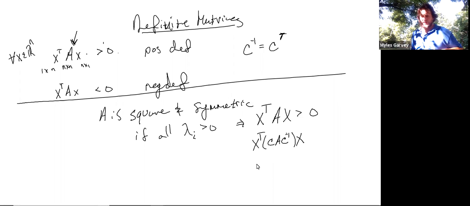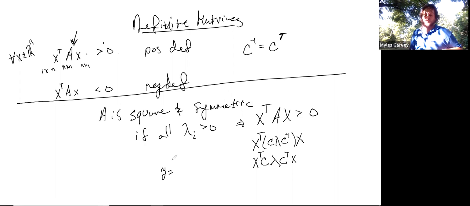So what you can end up doing is rewriting this as C transpose x, which means if you were to group, let's see, oh, I'm sorry, that's not A. What am I doing here? That's the lambda, the big lambda.